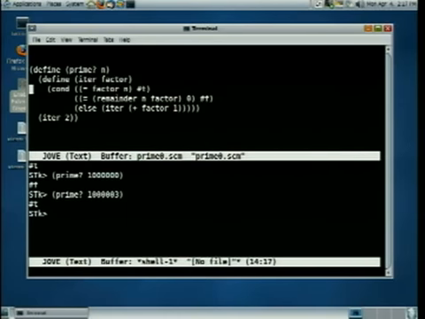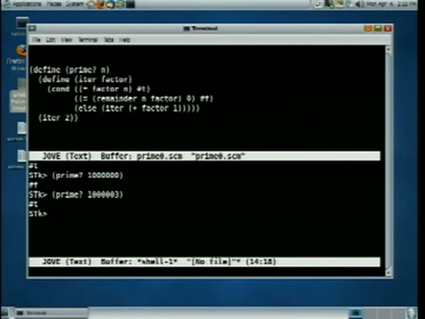If so, n is prime. Otherwise, is factor a factor of n? If so, then the answer is false, because we found a factor between 2 and n minus 1, so the number isn't prime. Otherwise, call iter with factor plus 1 as the argument.